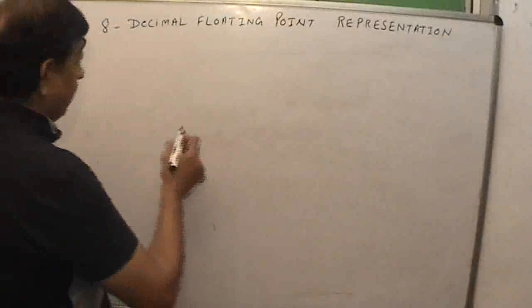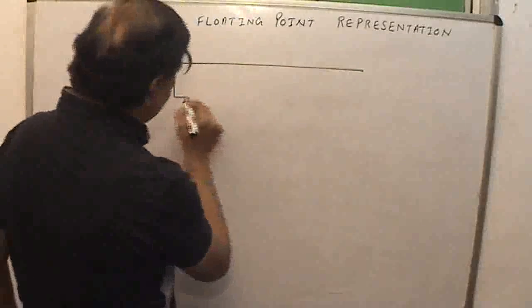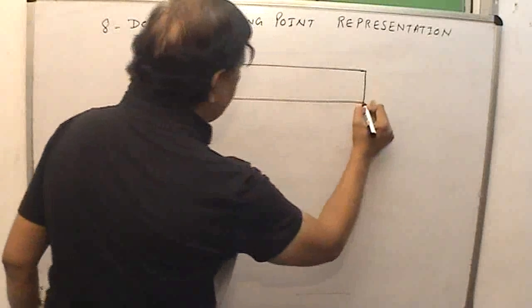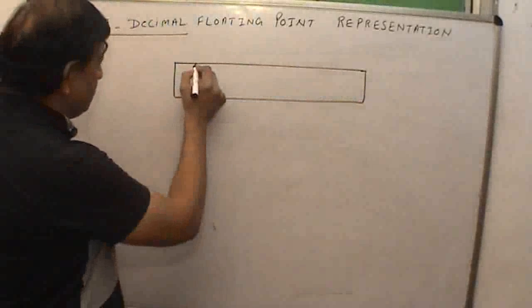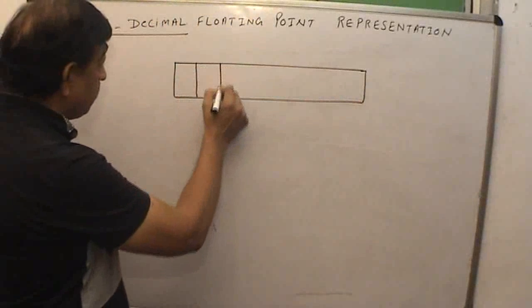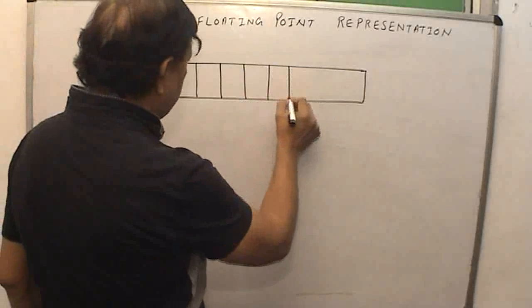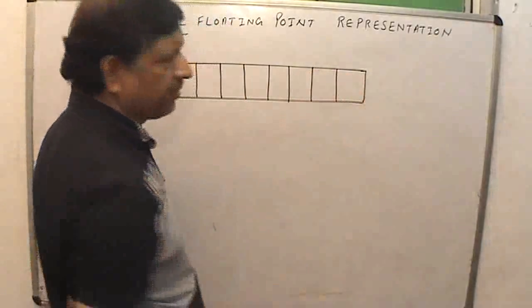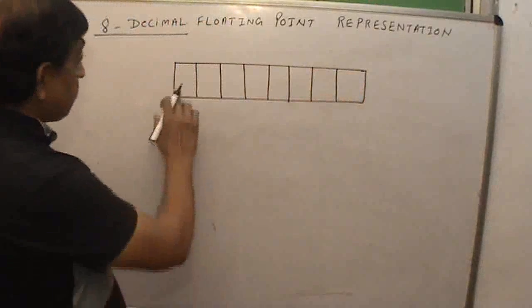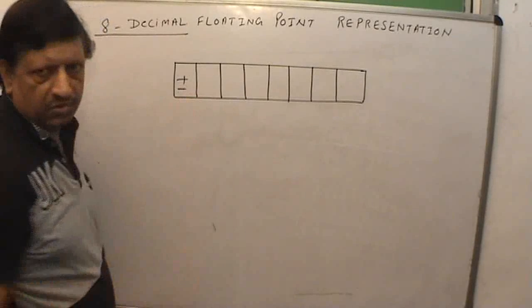Here we write the figure only taking 8 places: 1, 2, 3, 4, 5, 6, 7 and 8. The first column is for the sign, either plus or minus.